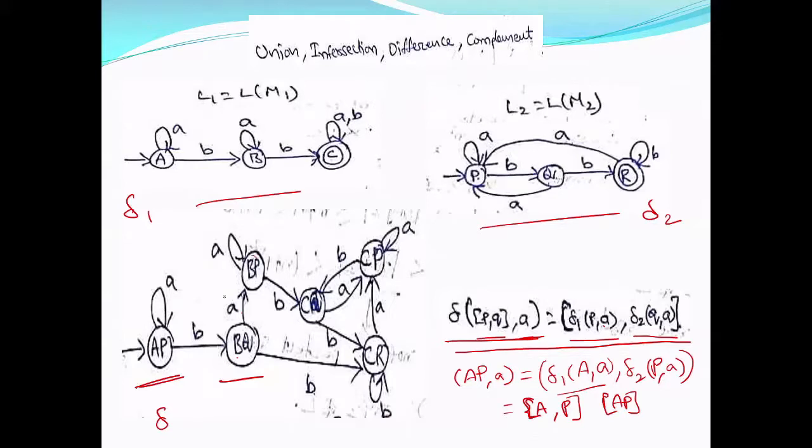So now I'm making another state which represents the pair BP. Now B on B is going to C, then Q on B is going to R. So it is CR. And similarly, you can calculate for the remaining states. So if I calculate in that manner, I am getting a new DFA.